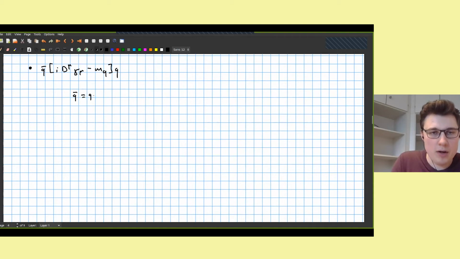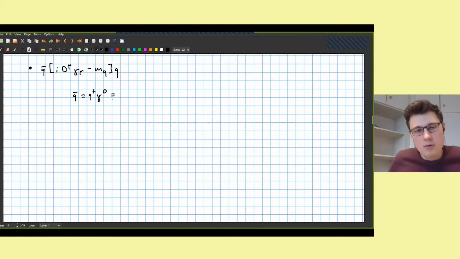Q bar, as you might know, is defined as the Hermitian conjugate of Q times gamma 0, because gamma 0 is a matrix in spin space, but not in color space. So this transforms in the color singlet group. So that's a simple number as under SU3.